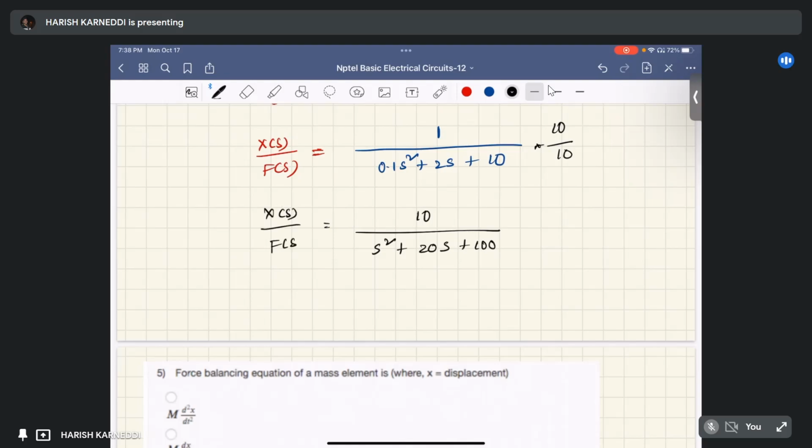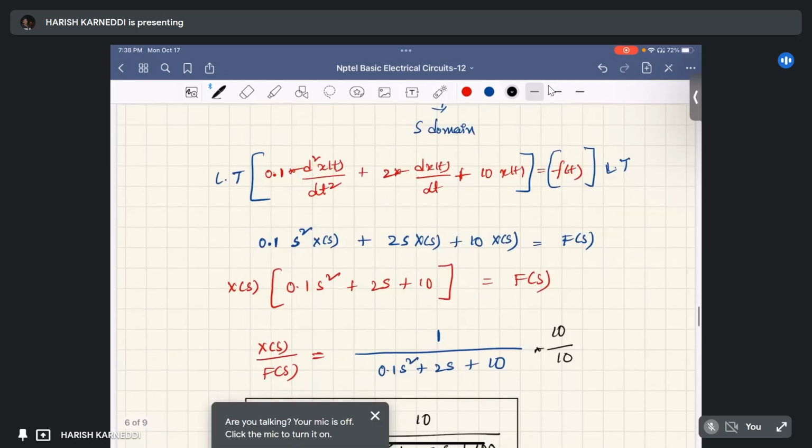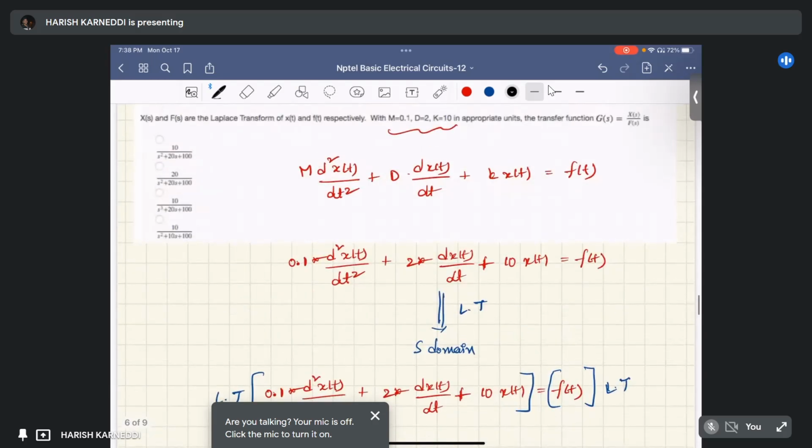So the transfer function X(s) by F(s) equals 10 by s² + 20s + 100. Option 1.